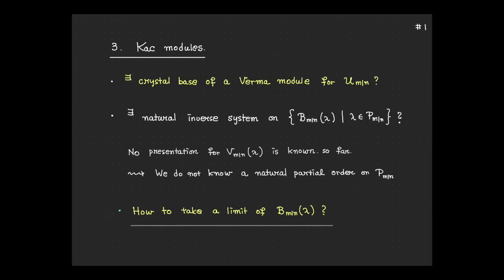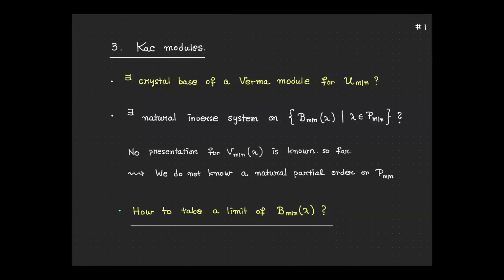Anyway, we have seen at least one example of modules which have a crystal base. And the next natural question might be whether we also have a crystal base of a Verma module for U_q(gl(m|n)), as in the case of a symmetrizable Kac-Moody algebra.